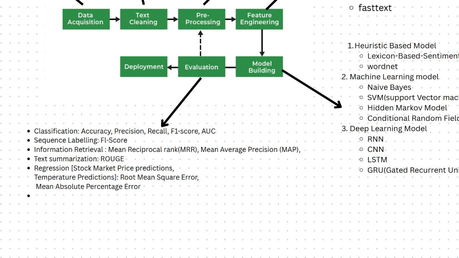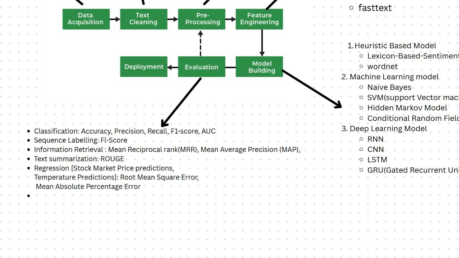For classification, we could use accuracy, precision, recall, F1 score, or AUC. For sequence labeling, we could use F1 score. For information retrieval, we could use MRR or MAP. And for text summarization, we could use ROUGE.